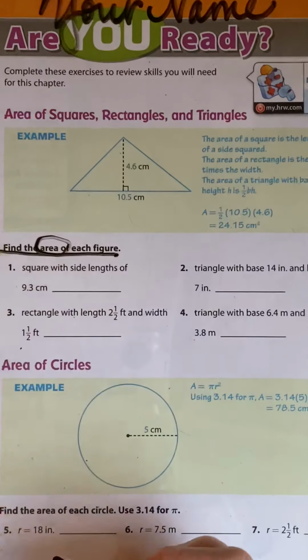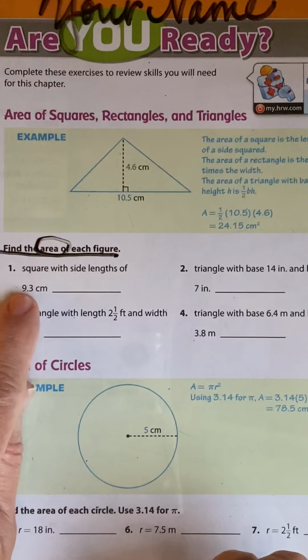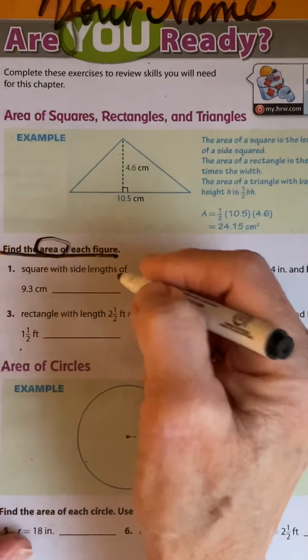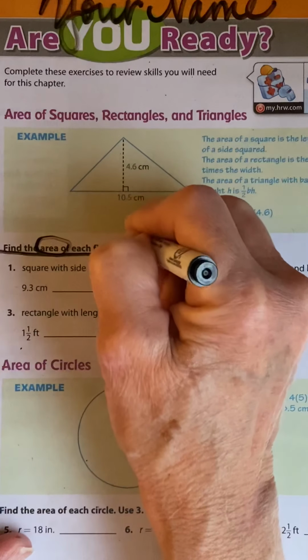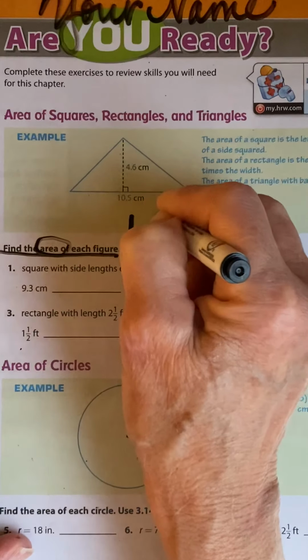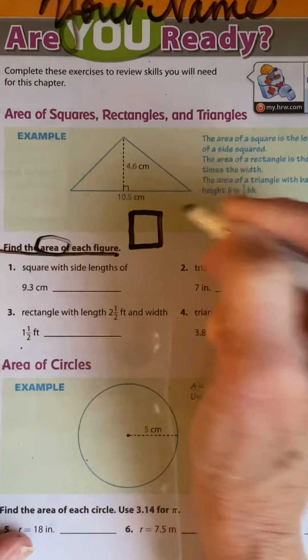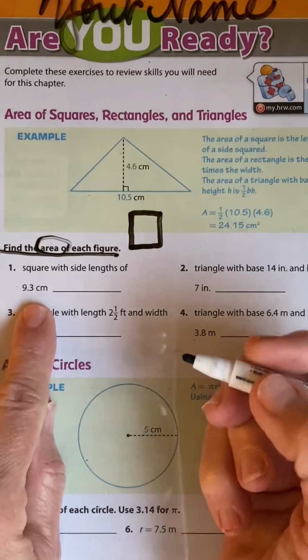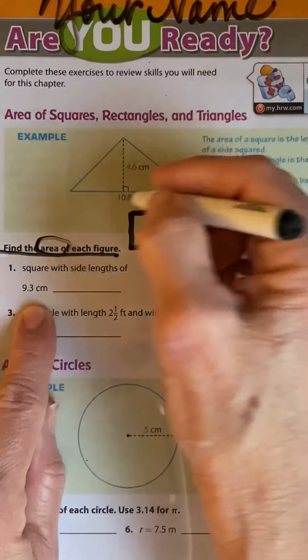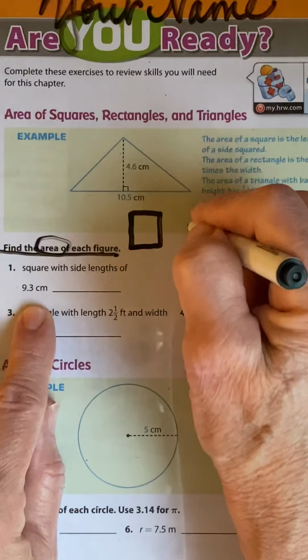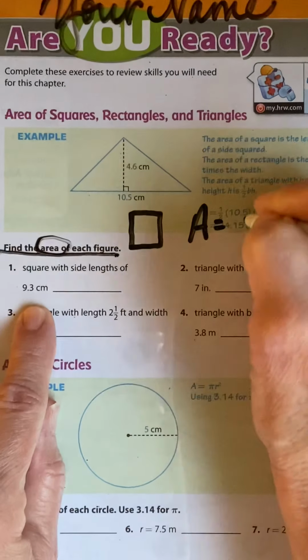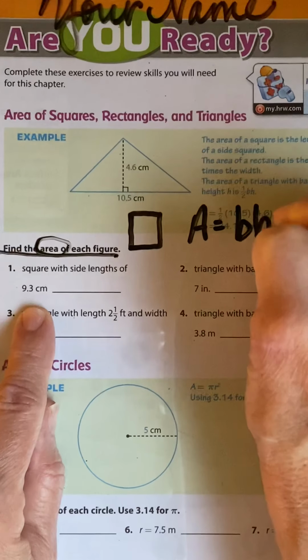Number 1 is area of a square. If we drew a square, we know all sides are equal. And we know for area of any rectangle, A equals base times height. Agree?